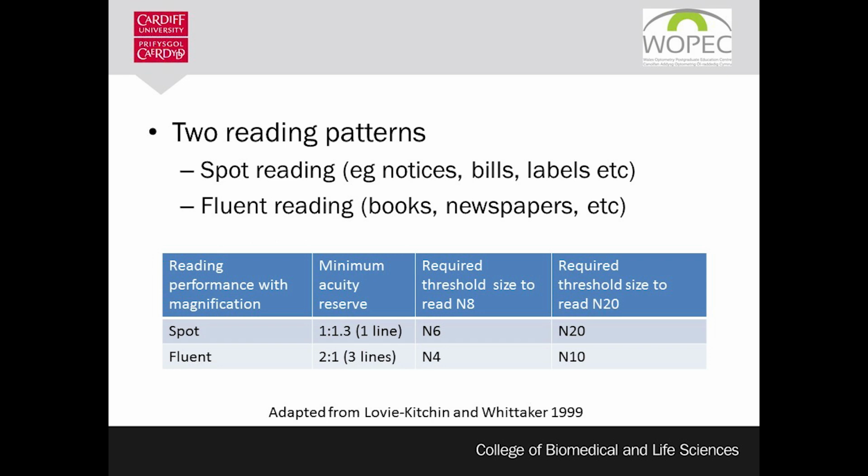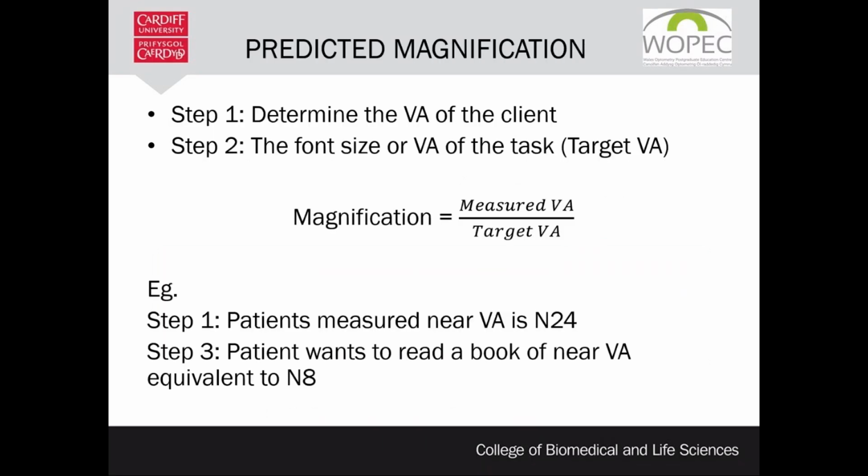We divide font size 8 by 2 and we get 4 because the reserve ratio is 2 to 1. Quite simple. From this point, we will take a few examples and try to make use of what we have learned so far. We will first look at predicting the magnification. We will begin by determining the near VA of the client, which in this case is N24, and the font size of VA of the task, which becomes our target VA.